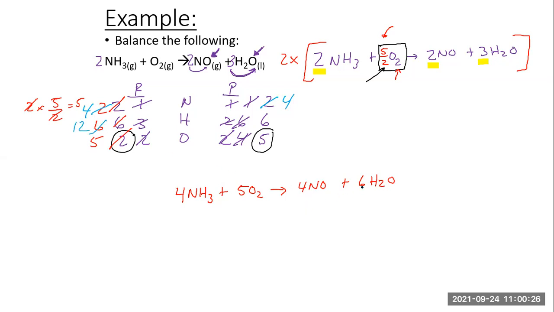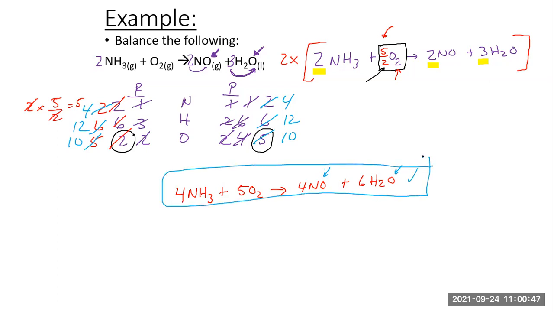Hydrogen on the right-hand side, 6 times 2 is 12. Lastly, oxygen, 5 times 2 is 10. And on the right, there are 4 oxygens there and 6 more there, gives us 10. This would be the properly balanced equation for this particular reaction.